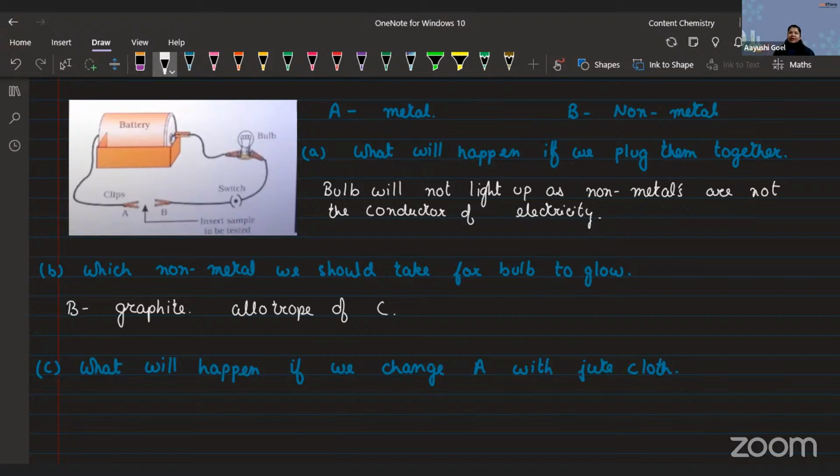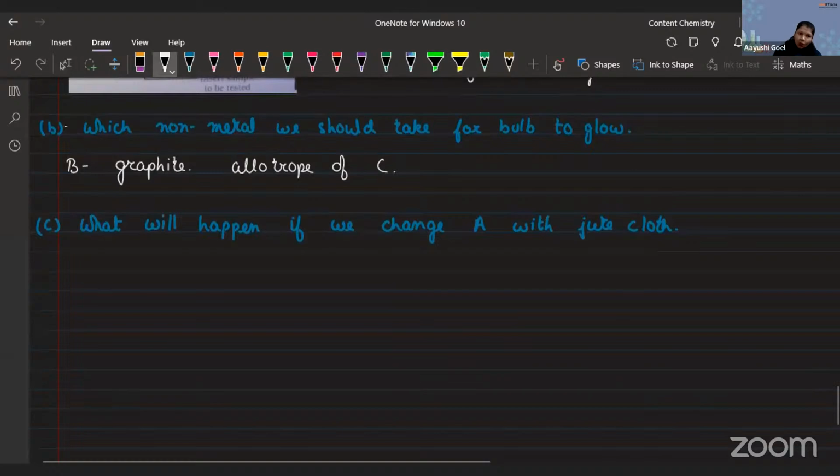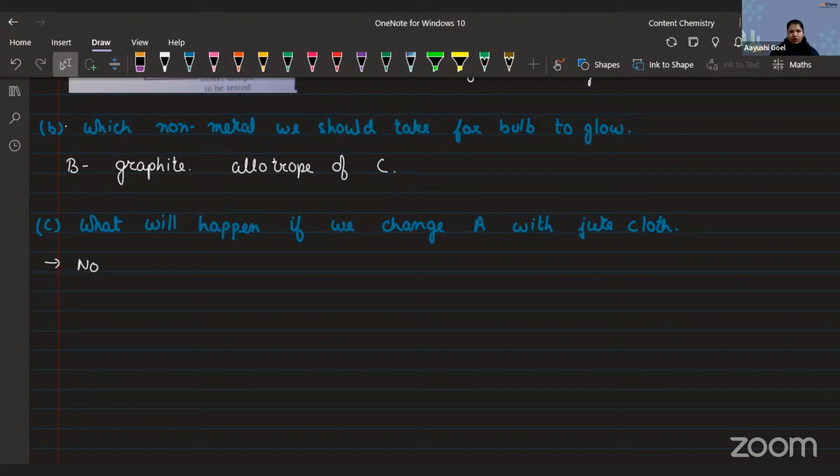Will I be able to conduct electricity if I have a jute cloth there? No, because cloth or any other such materials are not conductors of electricity.